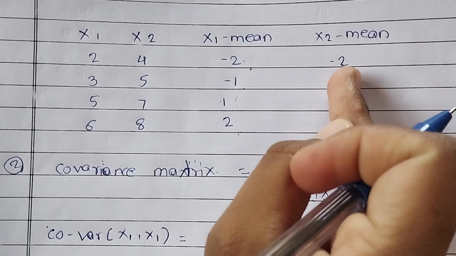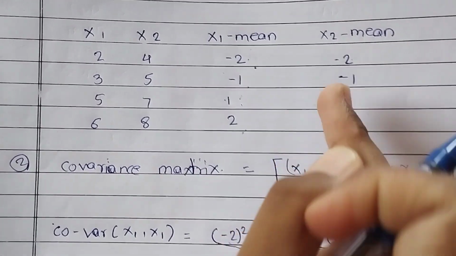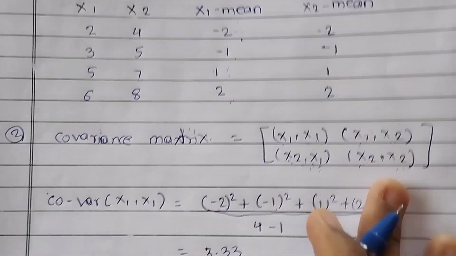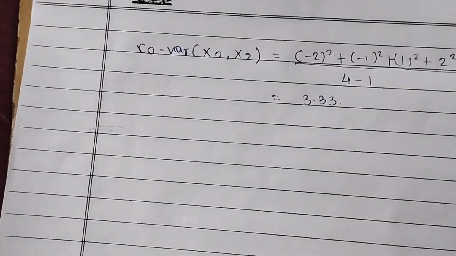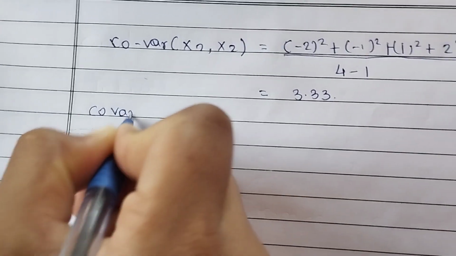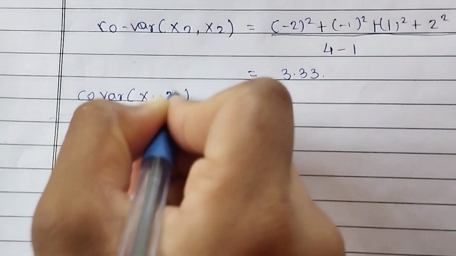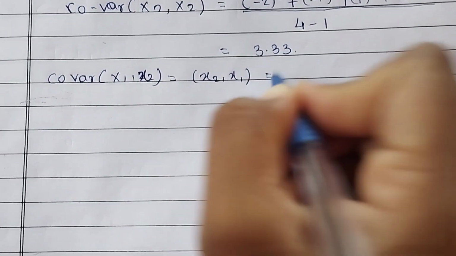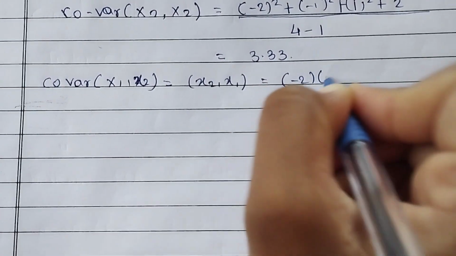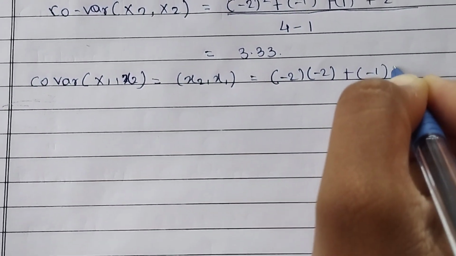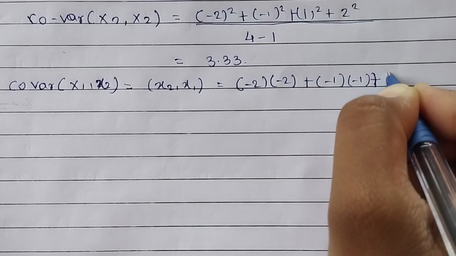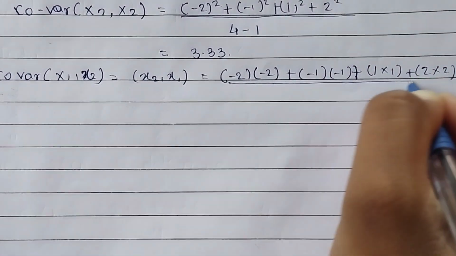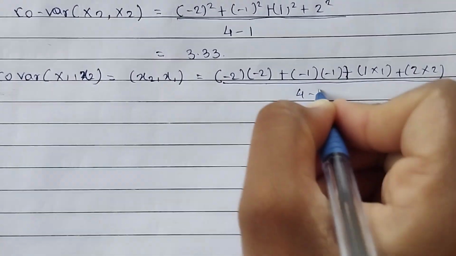So minus 2 into minus 2 plus minus 1 into minus 1 plus 1 into 1 plus 2 into 2, divided by n minus 1, which is 4 minus 1.